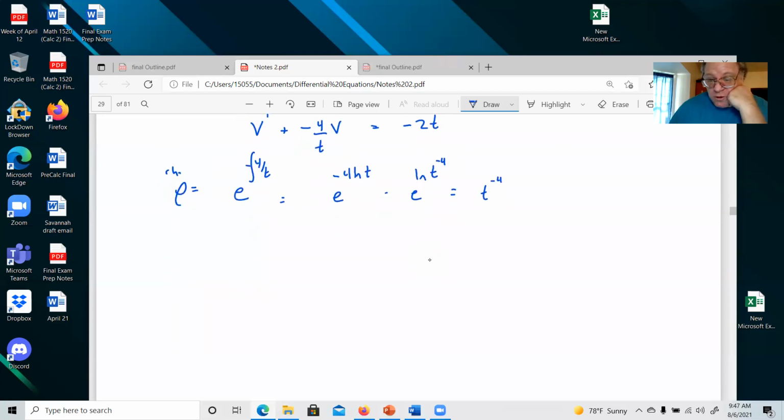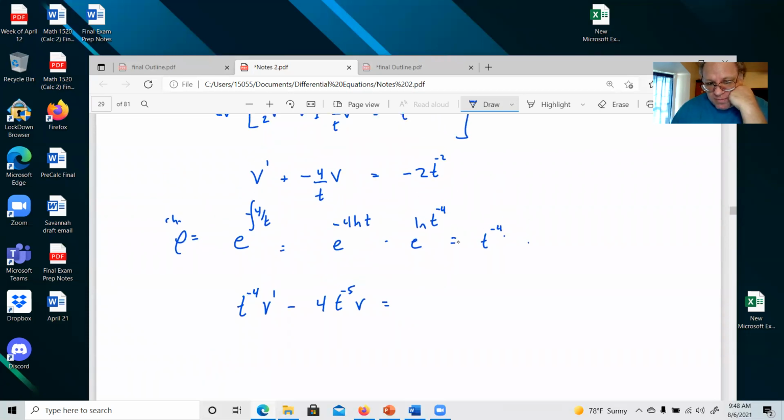So let's go ahead and multiply through by this. So we have t to the negative 4 v tick, minus, well, this is negative 4 minus 1, that's going to be t to the negative 5 v, and that is equal to negative 2 t to the negative 6. Thankfully we don't have an integration by parts there.